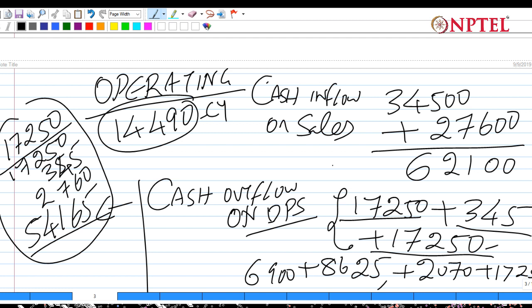Now wait, you have to basically look at this entire payment out there. That is the entire total payment in this particular case, like what you did for the inflows also. Can you just calculate it in the process?